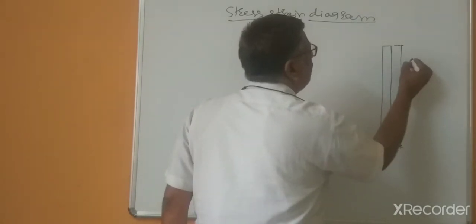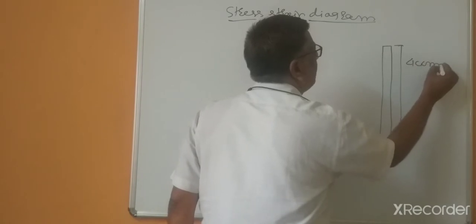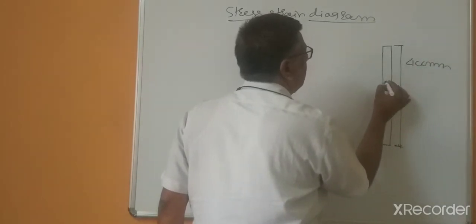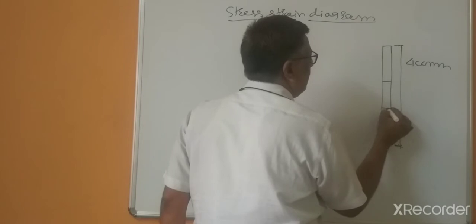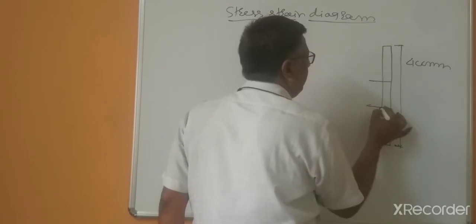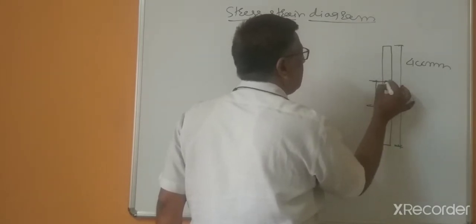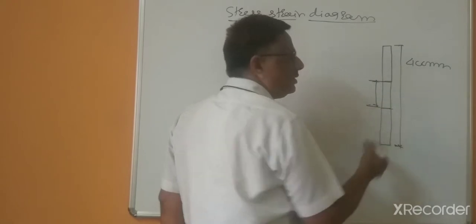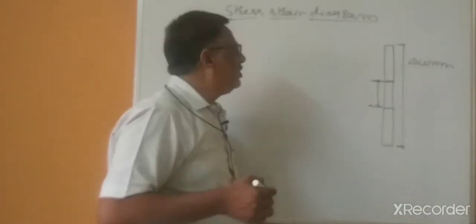Suppose this is 400 mm length, and here 100 mm and this length 100 mm, and this is marked here by using a notch.